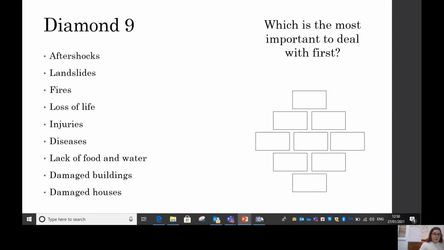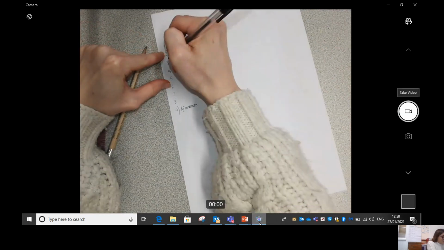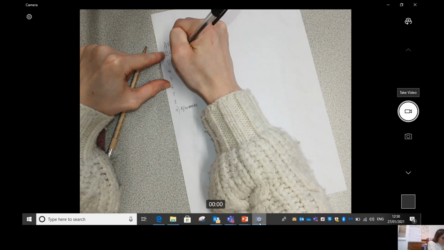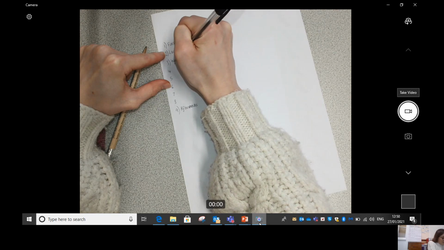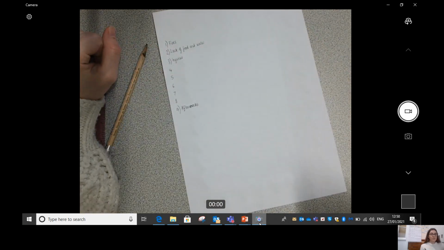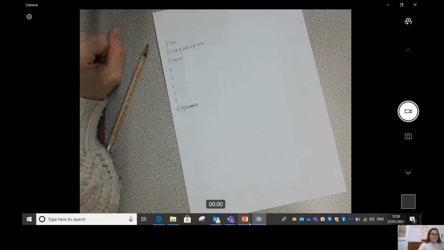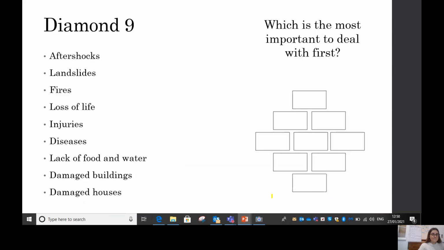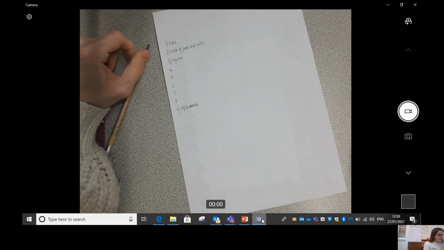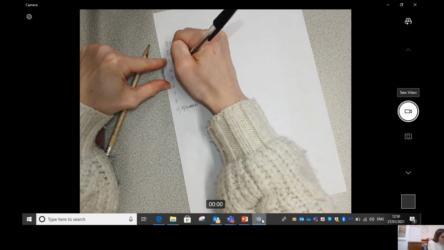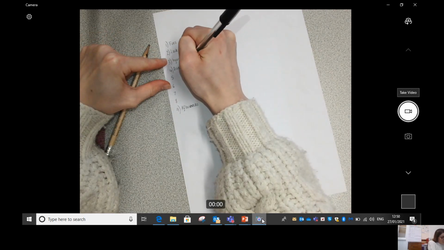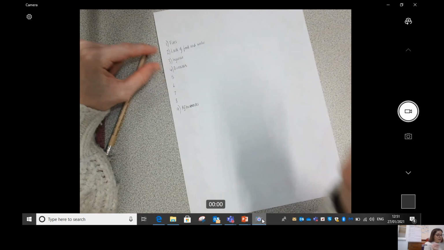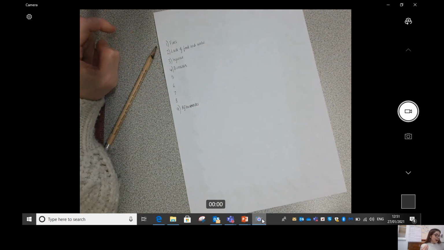Next, I am going to go for injuries, because again, it's really important that when people are hurt, they get immediate medical attention so that they don't become more ill. Next, I'm going to go with diseases, because again, it's really important that we treat people with diseases and that we also prevent the spread of disease.